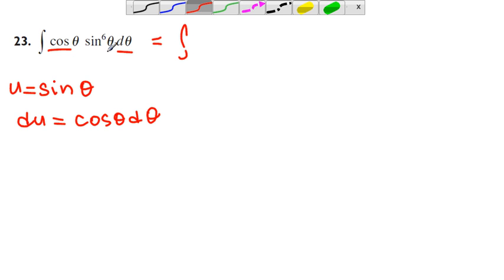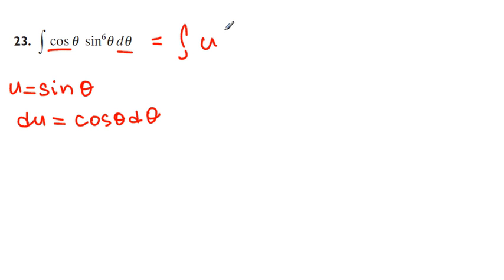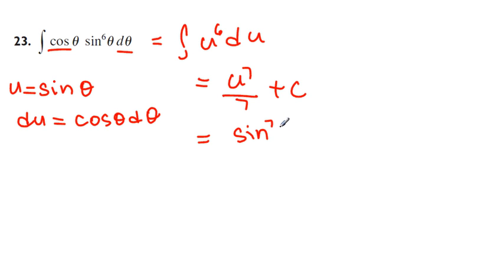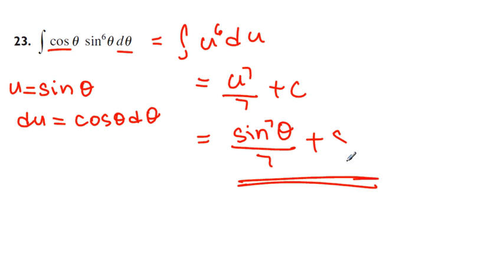Since sine theta is u, we will end up having u to the 6th power and du. Then our next step becomes u to the 7th power over 7 plus c as our intermediate result. Since u is equal to sine theta, we end up getting sine to the 7th power theta over 7 plus c as our final answer.